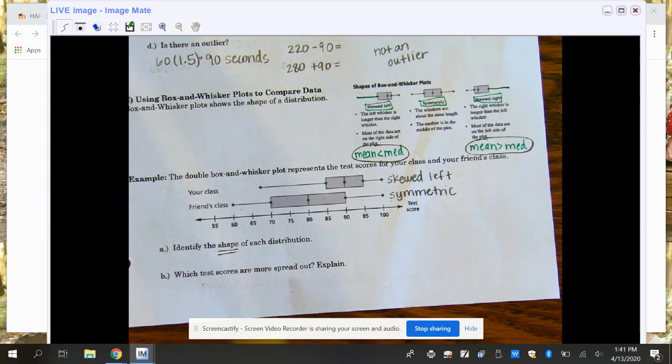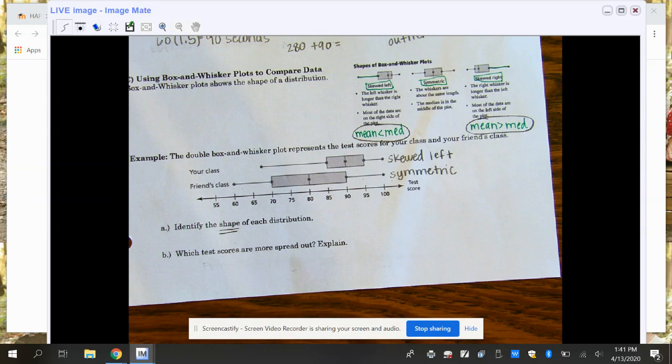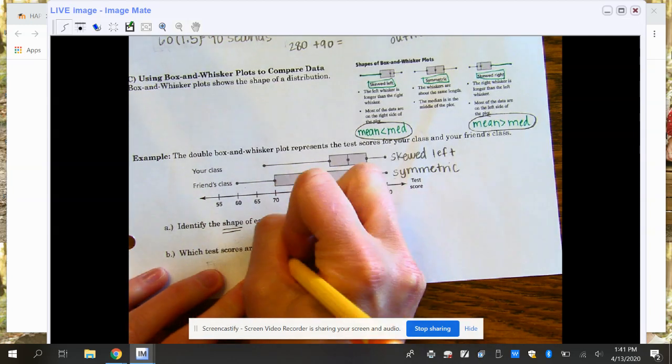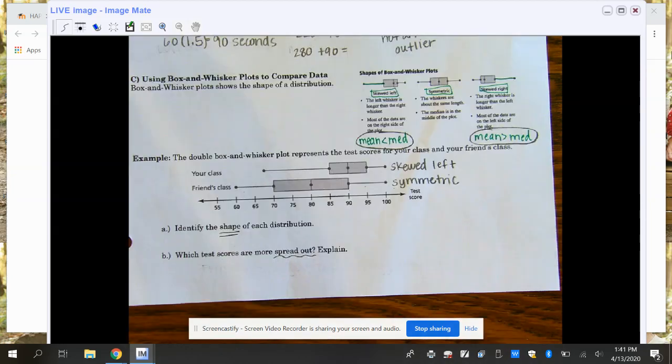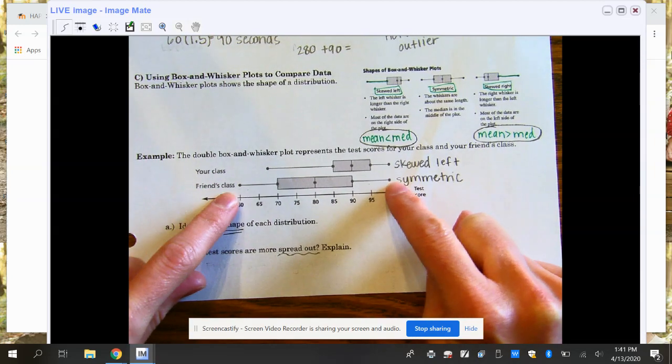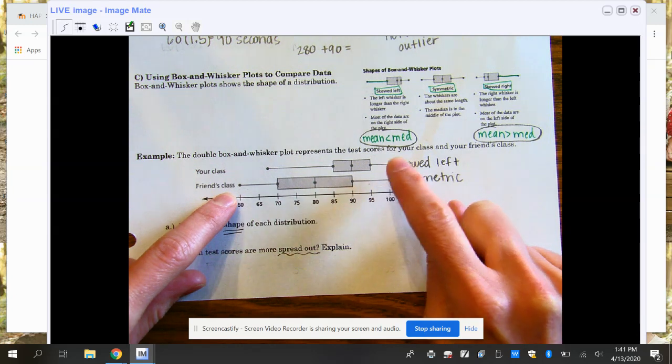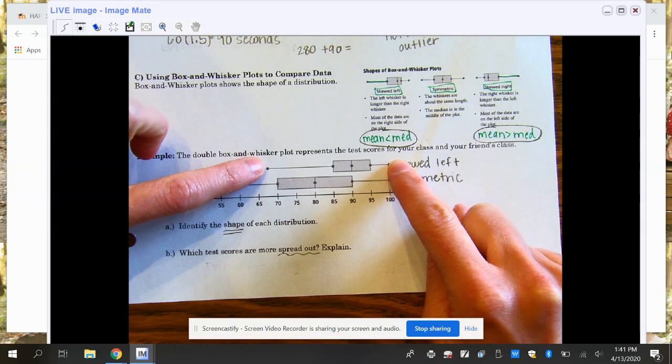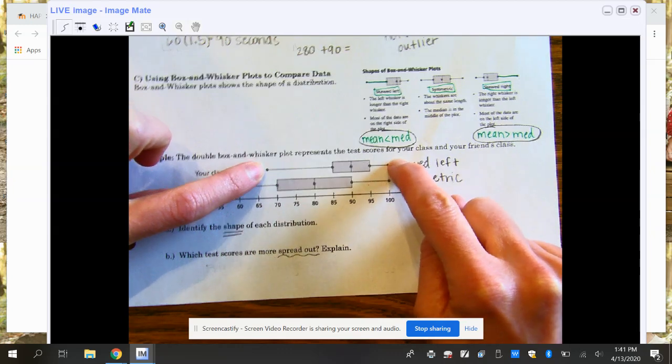Okay. And so then, in terms of answering this last question, which test scores are more spread out? So we talked about that up here. I see that word spread out. We're looking for the range. What's the relationship between the ranges? So when I look at the range of our French class, that's 40%. This one's only going to be about maybe 32, 33%.